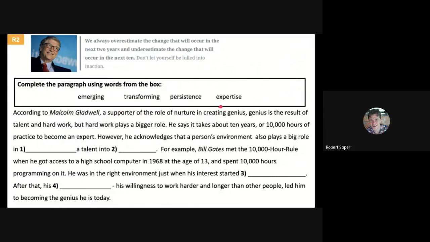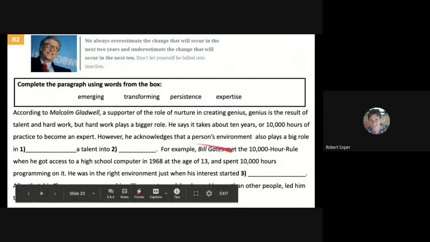So even if you don't know the meaning of the word, it can be very useful to know the word form, because that will help you decide which word goes in the correct place.